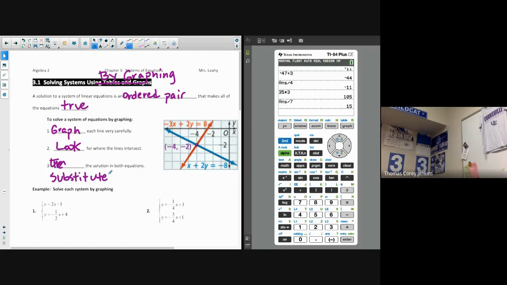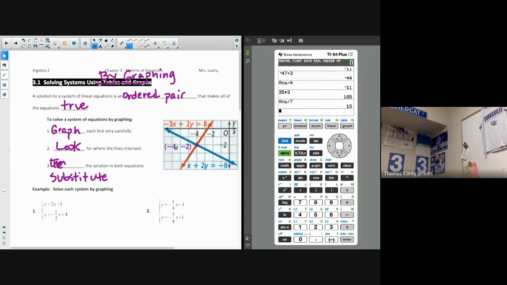So anyways, just to go over this example, the solution to the system of equations, negative 3x plus 2y equals 8 and x plus 2y equals negative 8, we can tell is negative 4, negative 2, just by looking at what they've shown us on the graph.